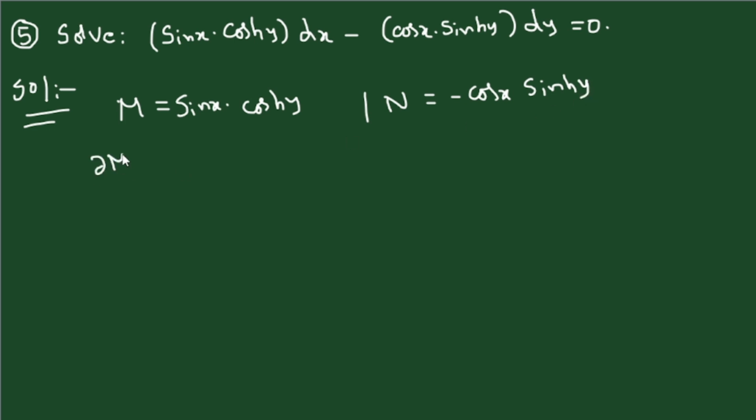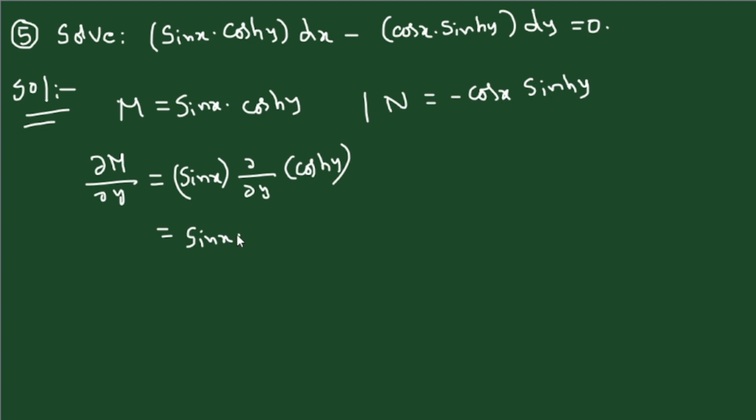Right? What is dou m by dou y? Because we are differentiating with respect to y, sin x is a constant, it comes out, and the dou by dou y of cos hy. What is the derivative of cos hy? Sin hy. So sin x into sin hy. And what is dou n by dou x?